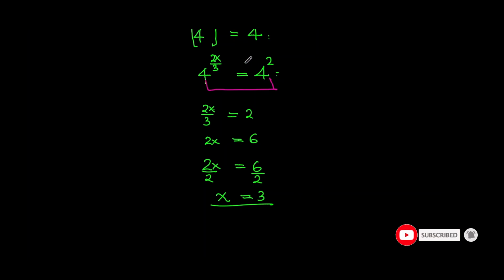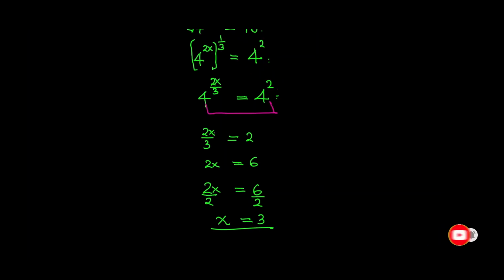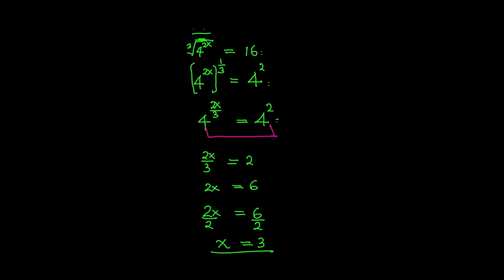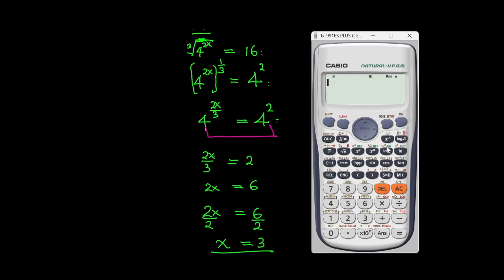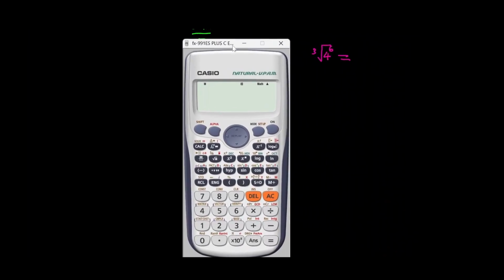Please go ahead and replace x by this value 3, and then find its cube root to see, do you get 16? Let's check it out: we have the cube root of 4 to the power of 6, because 3 times 2 is 6. So what is this? Then we get our calculator and work it out to see if we can get 16.